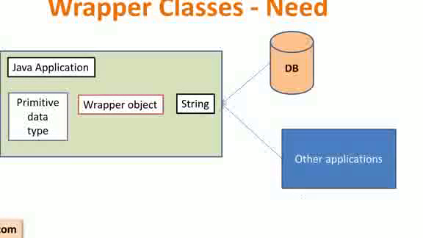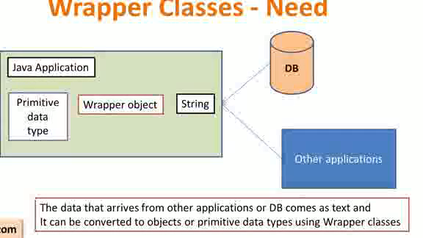So you should understand that the interaction between the systems is through strings, and wrapper objects are used to convert into primitive data types. Wrapper objects help a lot in terms of conversion.